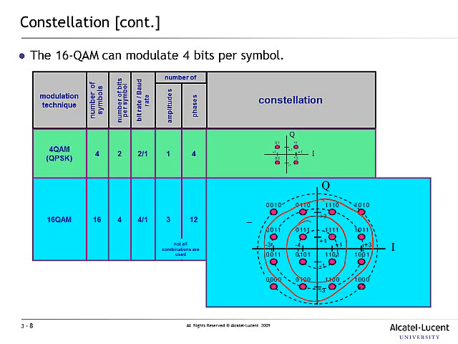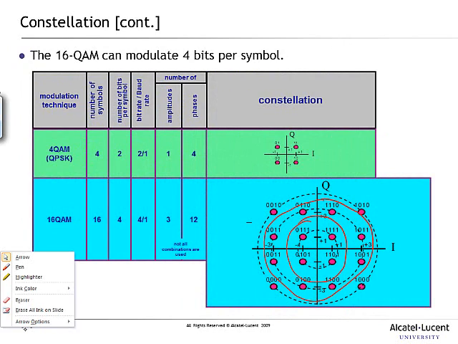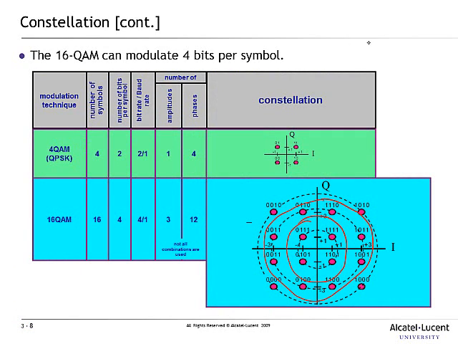Those 8 in the middle circle all have the same amplitude, but they have a different amplitude to the ones in the center. And then you have a third circle of phases. So this is a 16 QAM pattern. One thing I should say: in 16 QAM we have 4 bits per symbol.